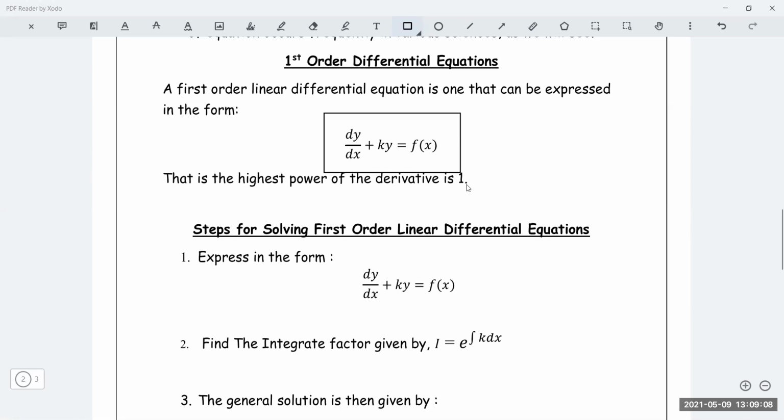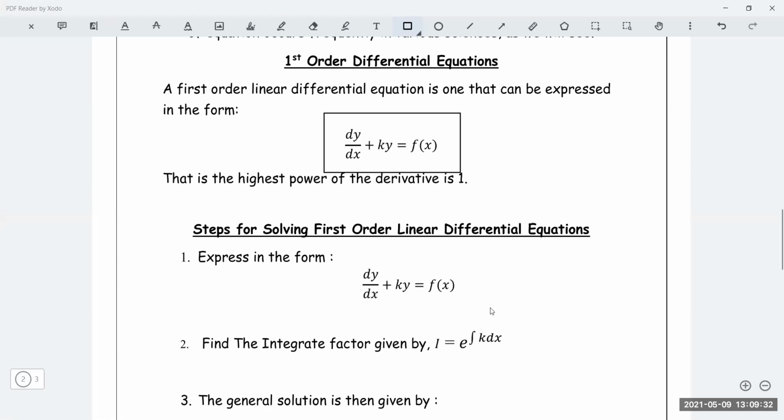So what are the steps to solve it? First, they might give you the differential equation, but it's not in this form. So the first thing you need to do is express it in the form dy by dx plus k times y equal f of x.